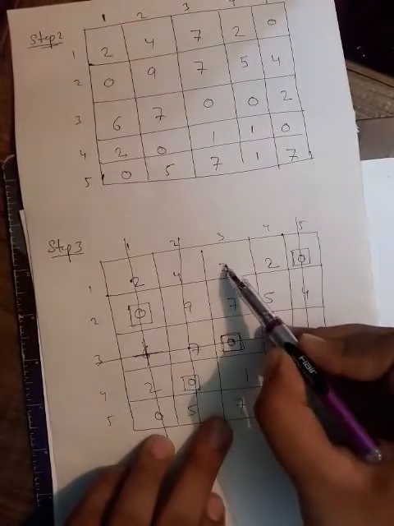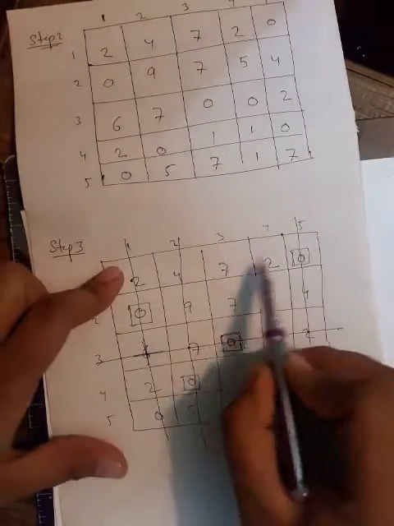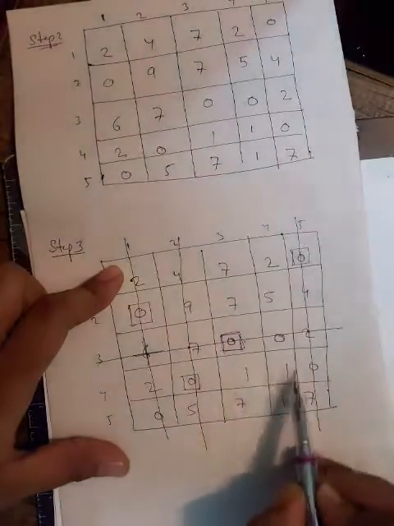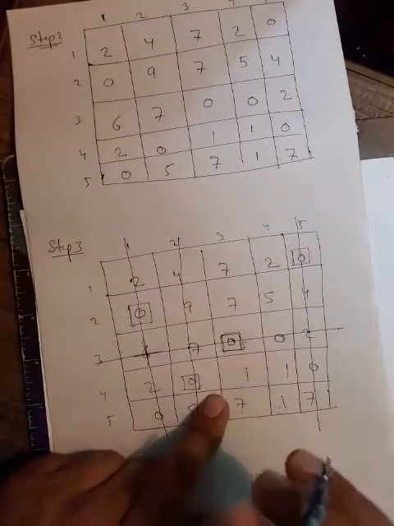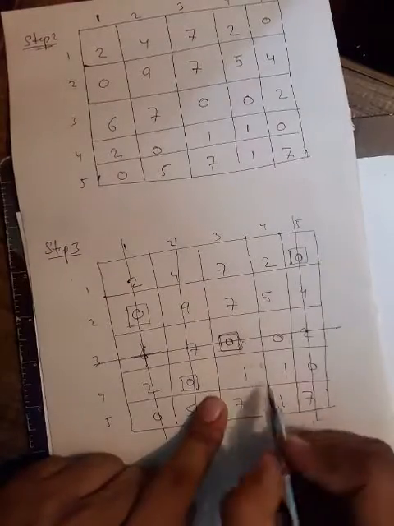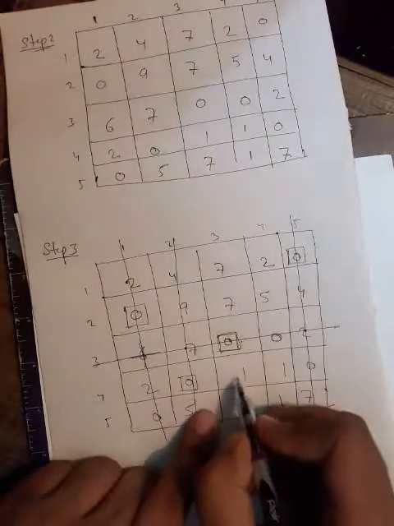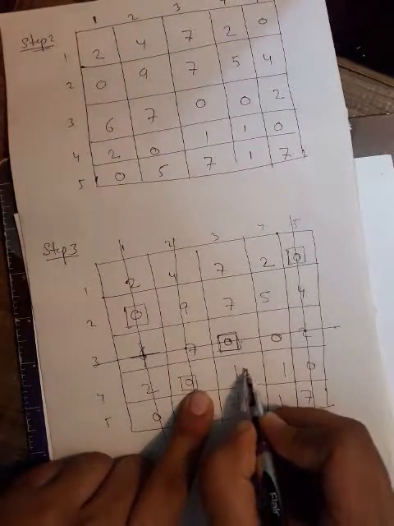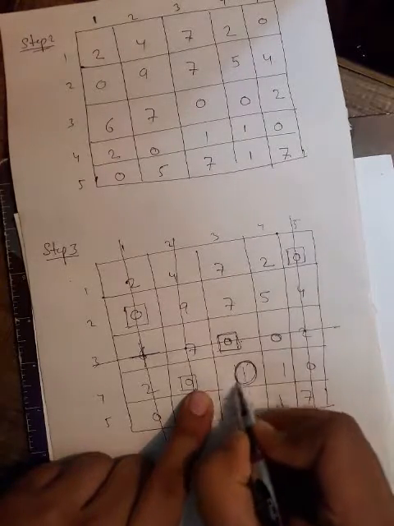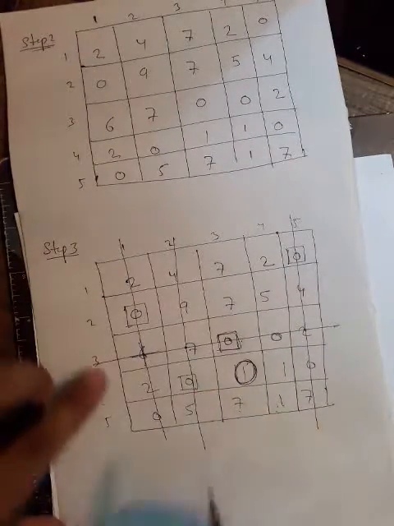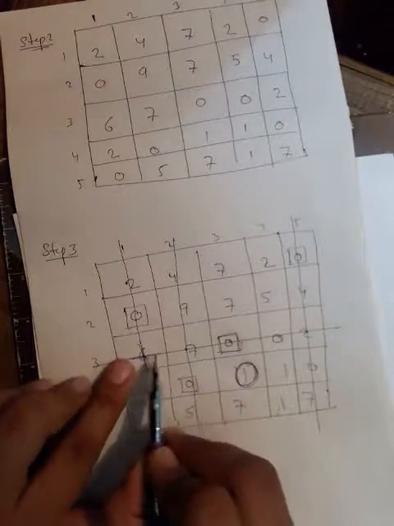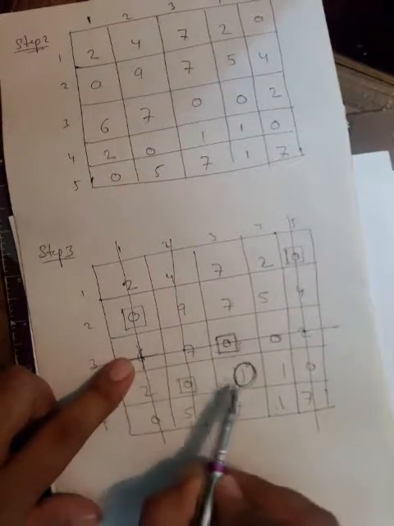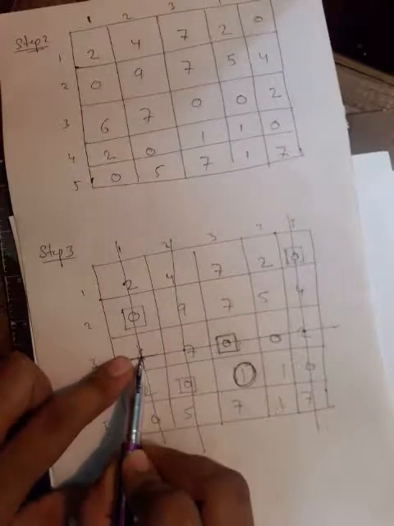Okay, now see these, the remaining values 7, 2, 7, 5, 1, 1 and 7, 1. From these remaining values you have to select the minimum value. So the minimum value in these is your 1, so you have to circle it. Okay, now wherever there is an intersection point, you have to add this value.